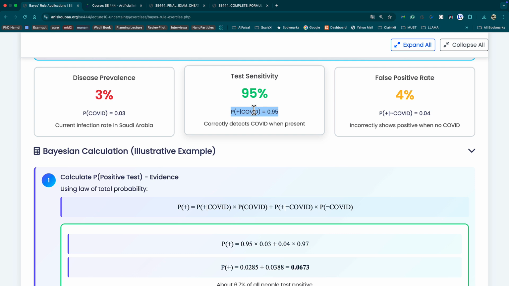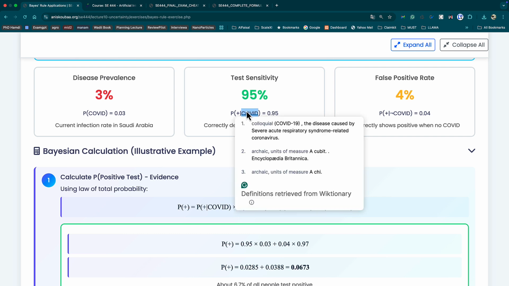In machine learning, you have a machine learning model. What's the difference between accuracy, precision, sensitivity, and recall? False positive or false negative, a combination of all of them. Okay, and this is the probability of having a positive test given that the guy has COVID.